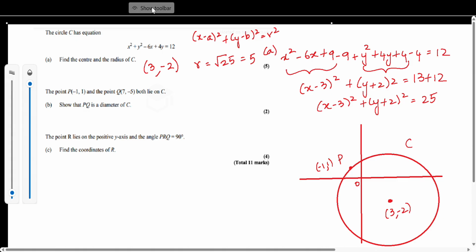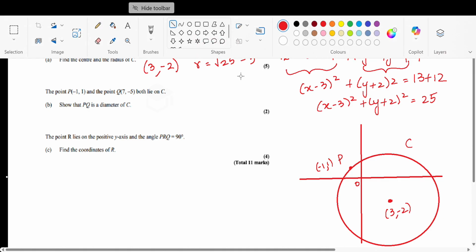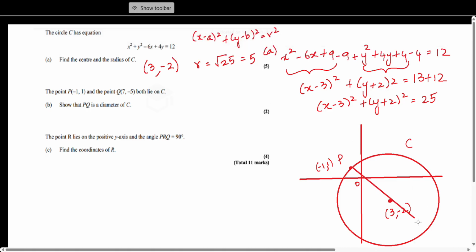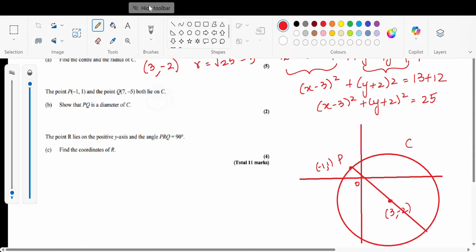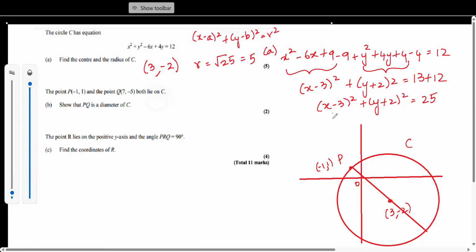Since it says show that PQ is going to be the diameter, we know, but we have to prove. So I am drawing the sketch that way so that it's easier for us to visualize. The coordinates given do tally. It's not like we are not able to draw the sketch. So it does make sense.